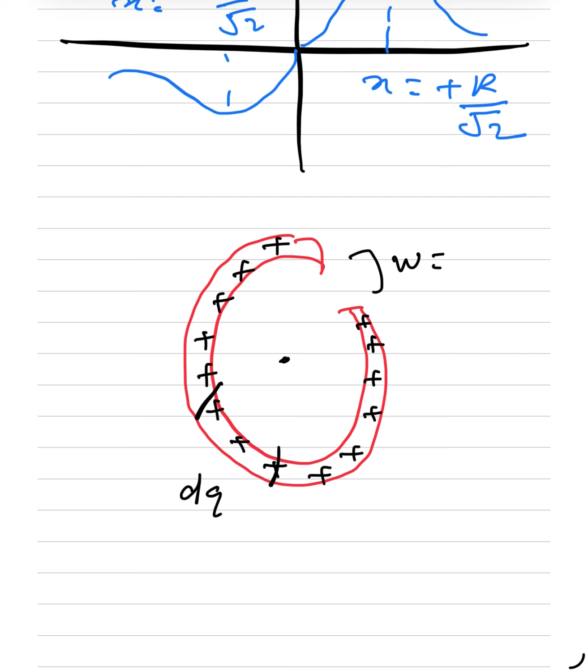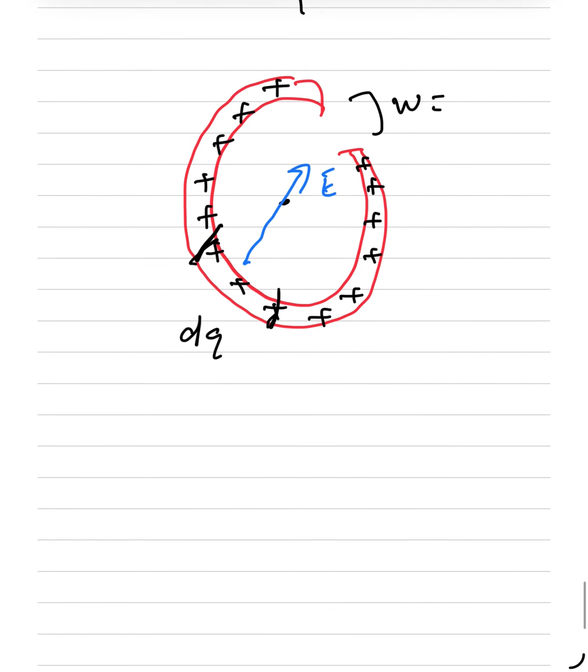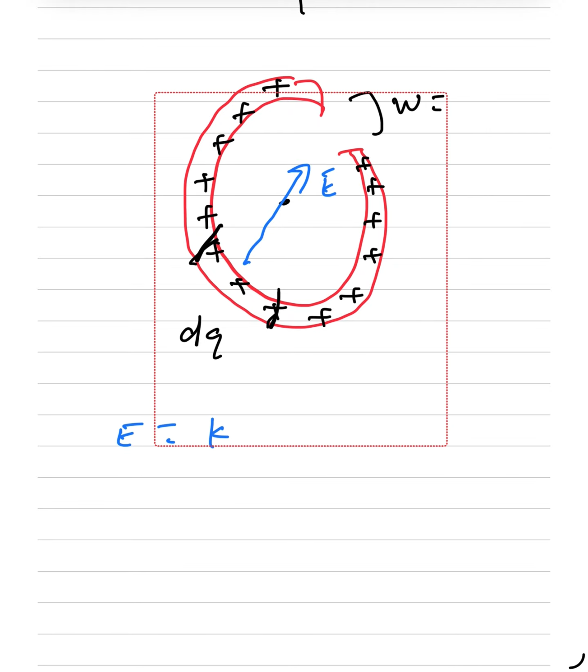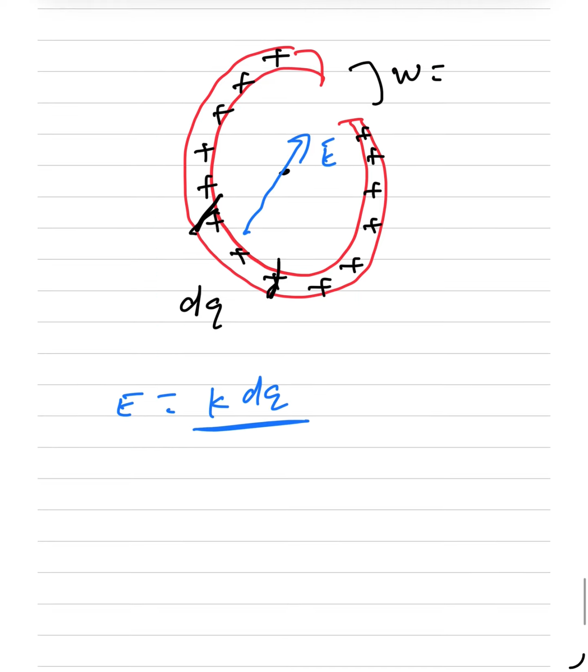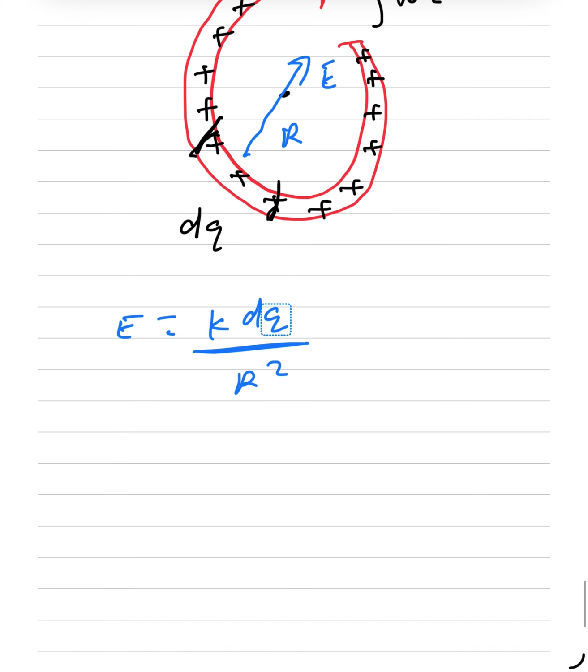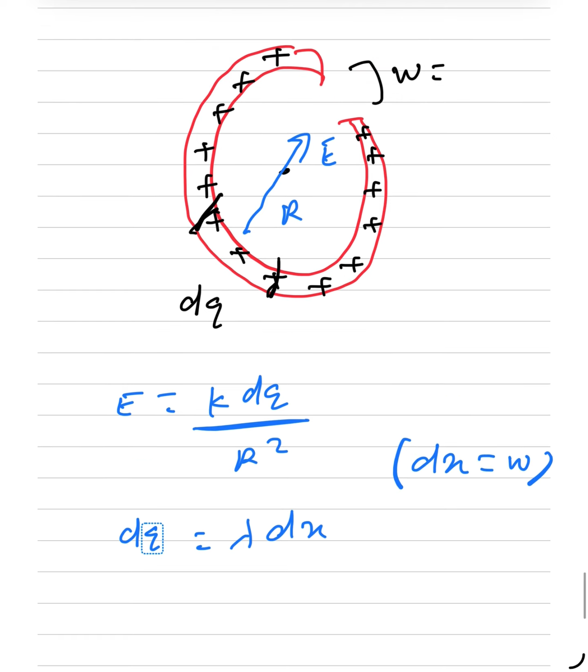due to only this segment, the electric field is along this direction E, and the value of the electric field due to this segment at the center point is E equals k dq divided by radius squared, and dq equals lambda times dx, where dx is the width of the window, right.